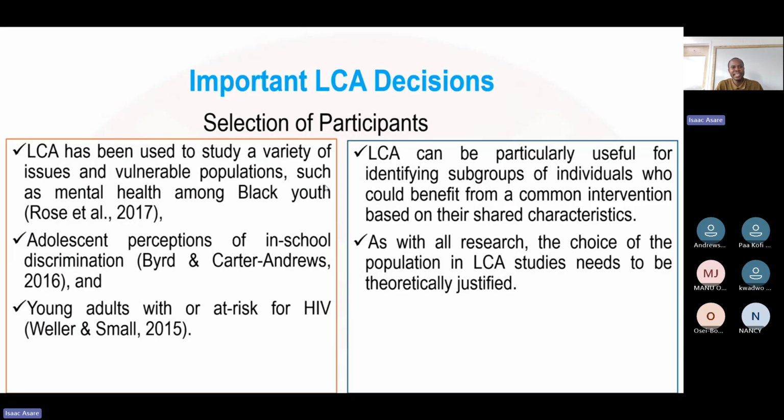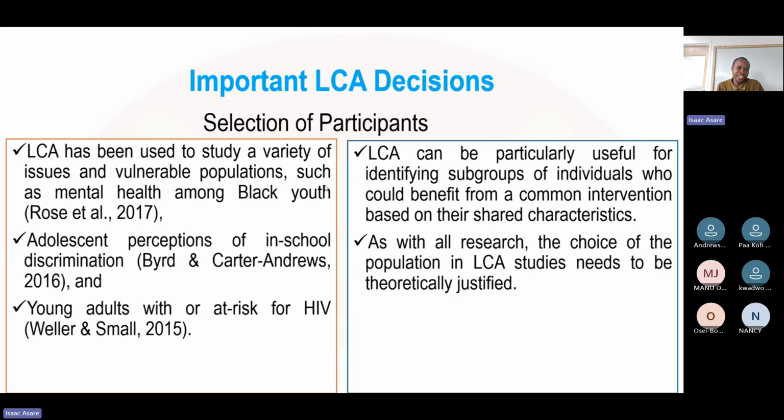And selecting the participants is very, very important. For example, as we are looking at, let's say, Black youth, the focus is on Black youth. How do you get the people? It's another thing that you need to know. So this comes in like the sampling procedure, or the selection procedure or criteria.